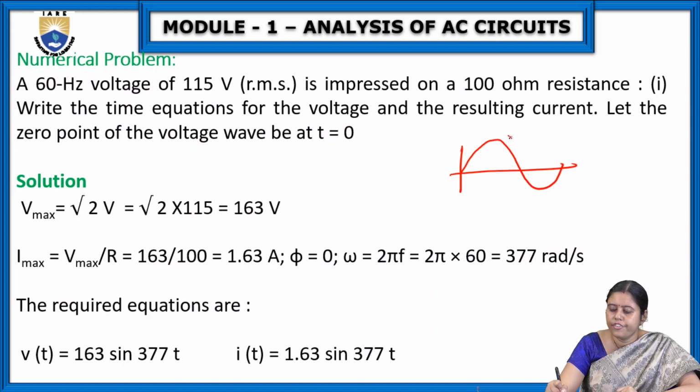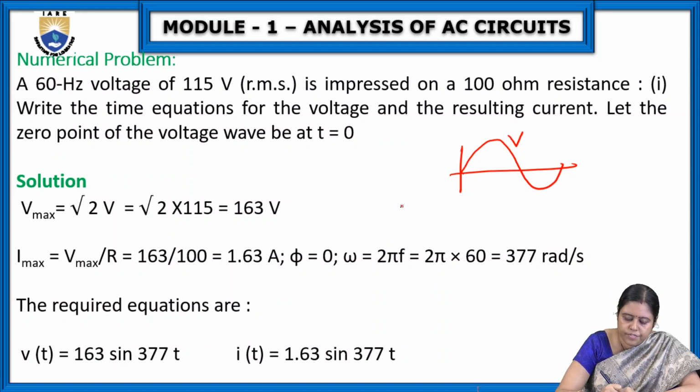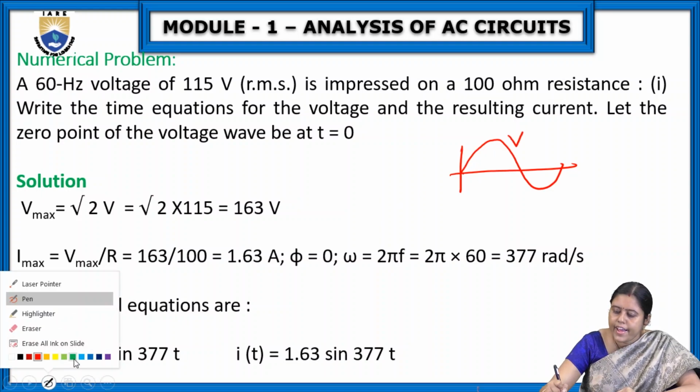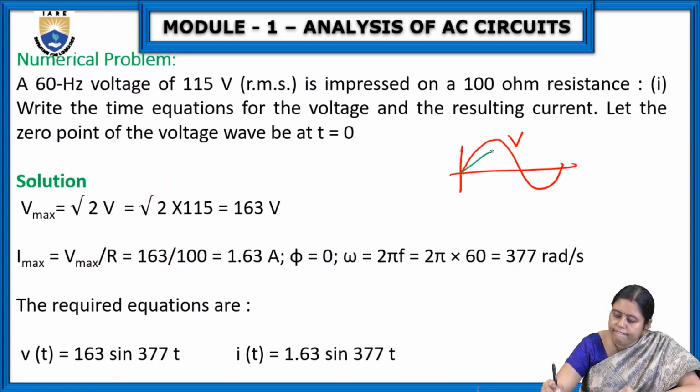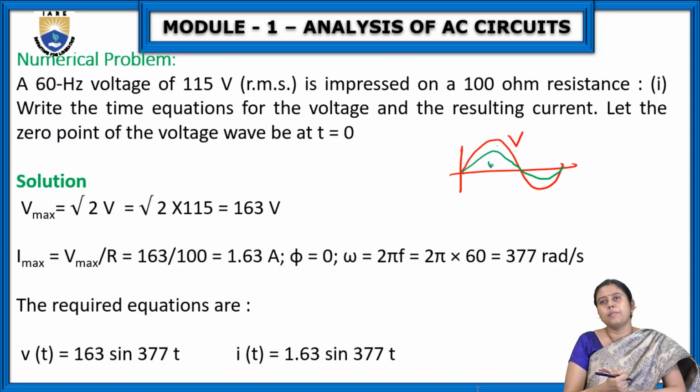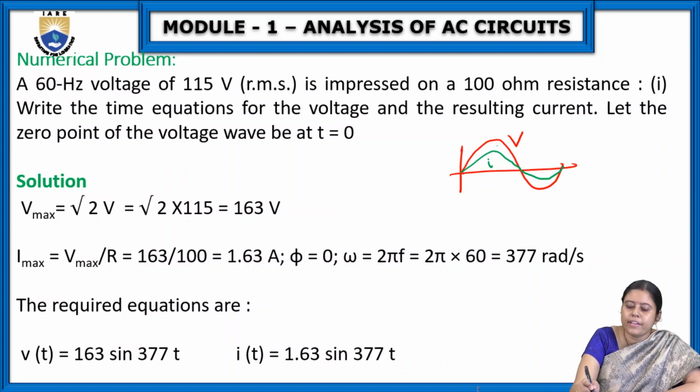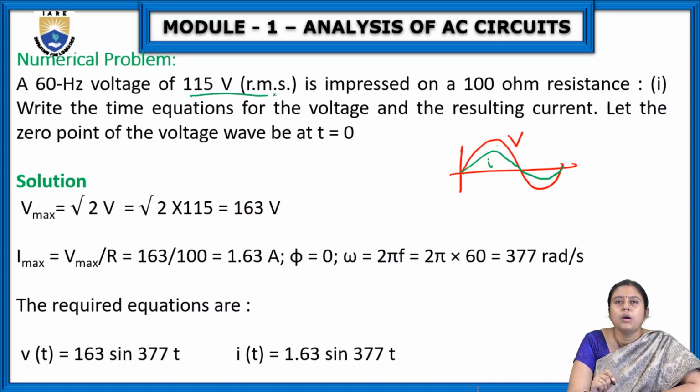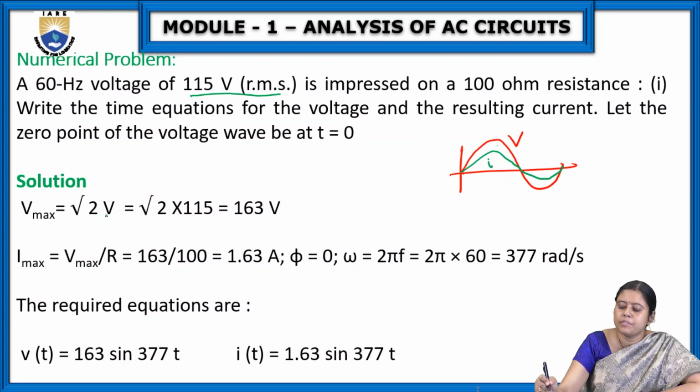So this is our V, and this is our current I. And we have to remember that there is no phase difference. So what is V? V is given as the RMS value. So what is Vm, the maximum?